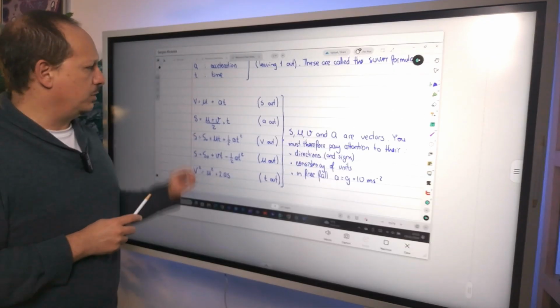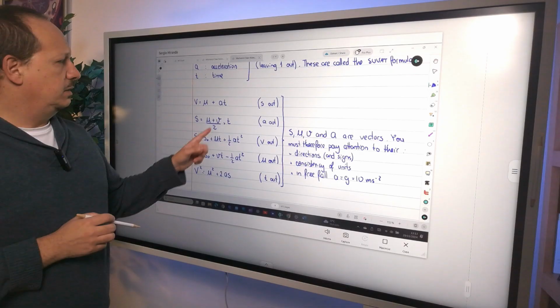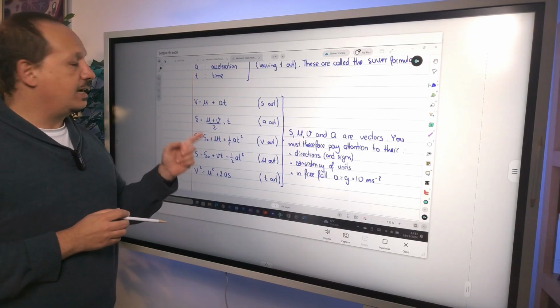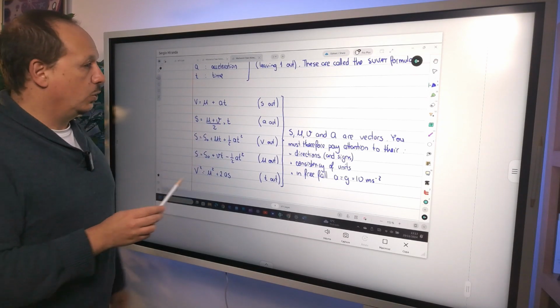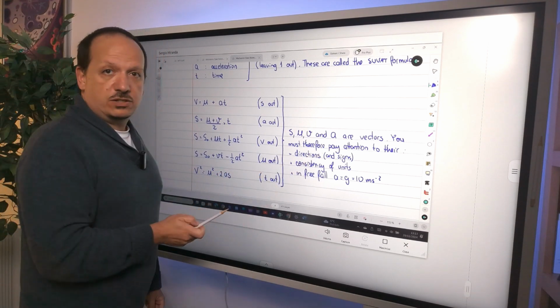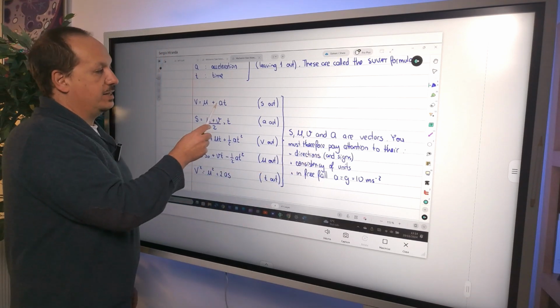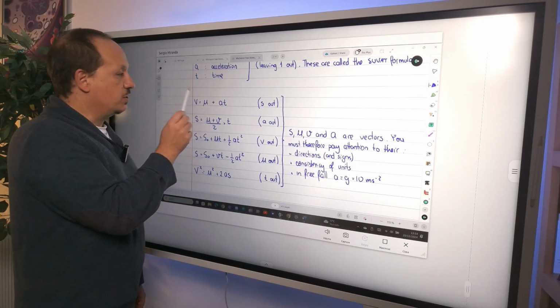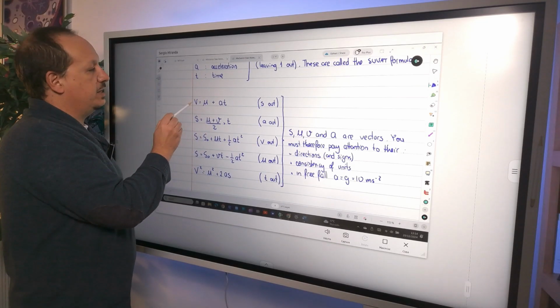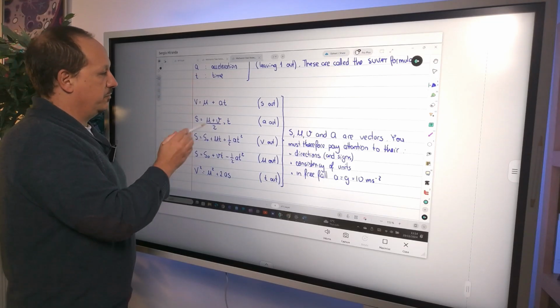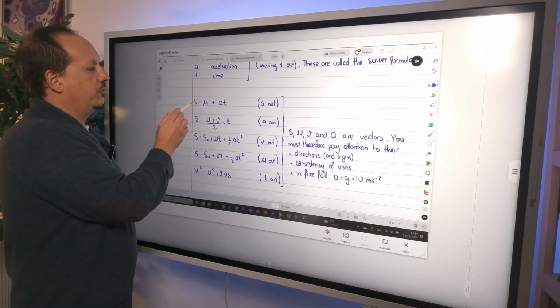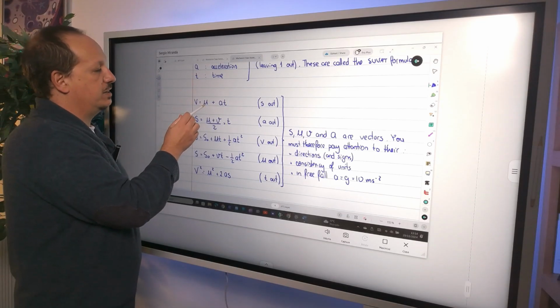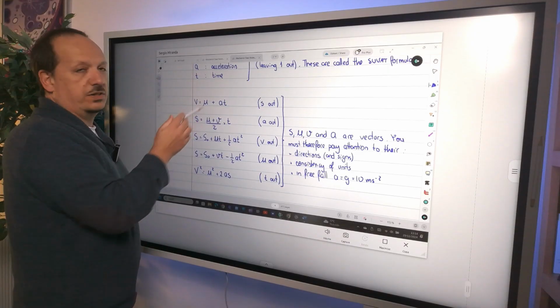A couple of notes about these. With the exception of time, all of these are vectors. So the sign matters. For example, if you have a deceleration, this is not going to be a plus, this is going to be a minus. All right? So pay attention to that. If the final velocity is opposite in direction to the initial velocity, so this is a minus, this is a plus, or the other way around.